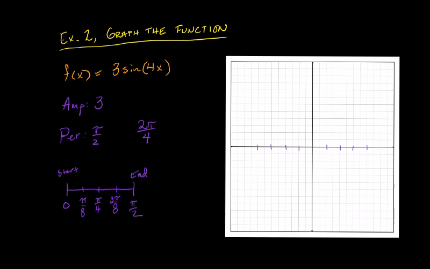And you already know the x values are just the negative versions of these. So this would be negative pi halves, negative 3 pi eighths, negative pi fourths, negative pi eighths. You know that's 0, pi eighths, pi fourths.